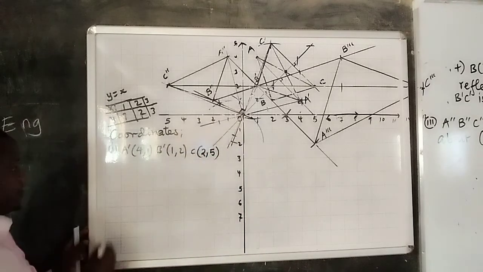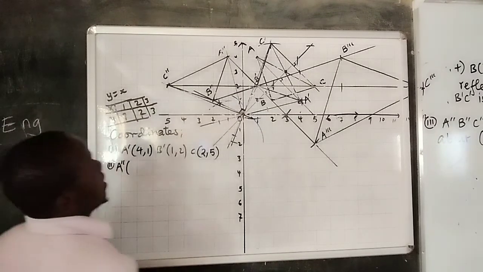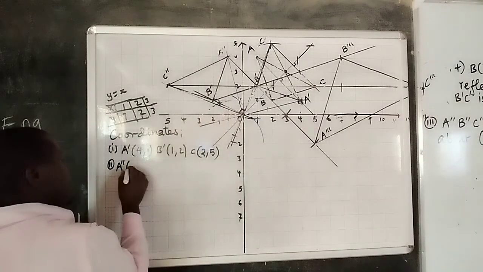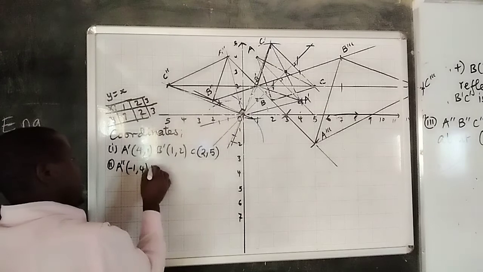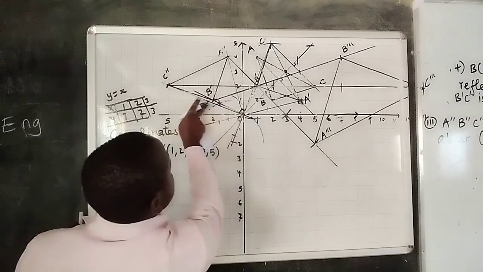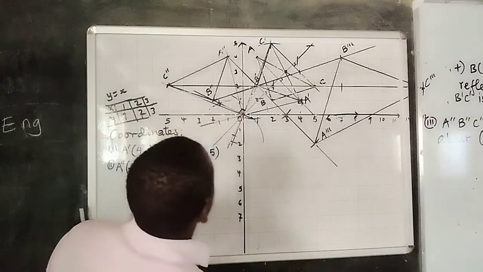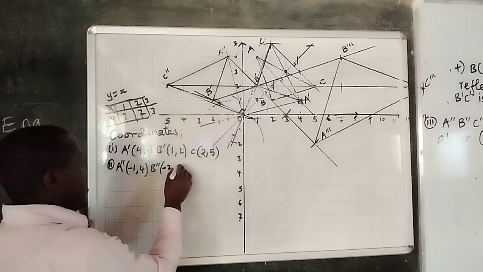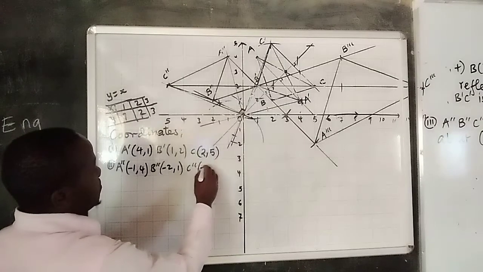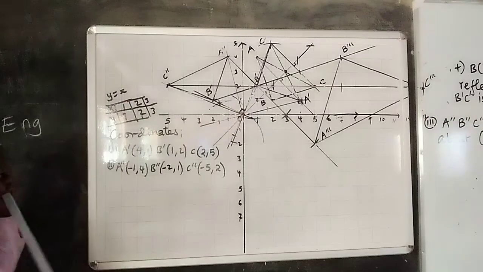A double prime is (-1, 4). Then B double prime is here, so (-2, 1). Then C double prime is (-5, 2).